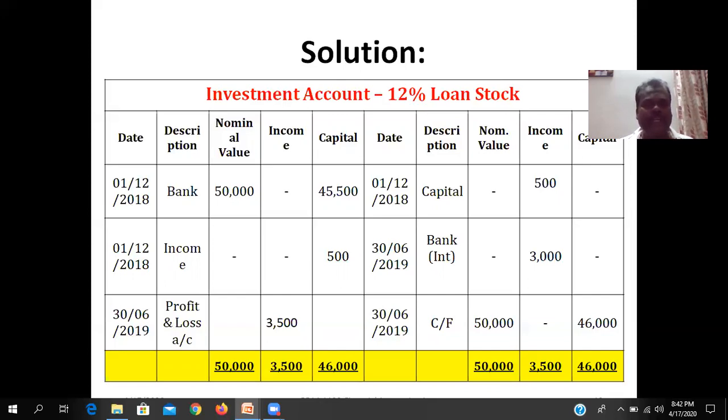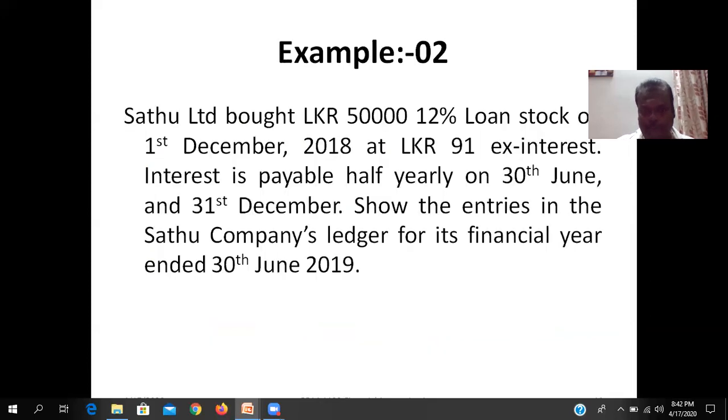Then as per the theory, you have to start to think, what is that? If it is ex interest, you know that the post period interest should be adjusted. That means it was purchased on 1st December 2018. So then interest is payable half yearly on 30th June and 31st December.